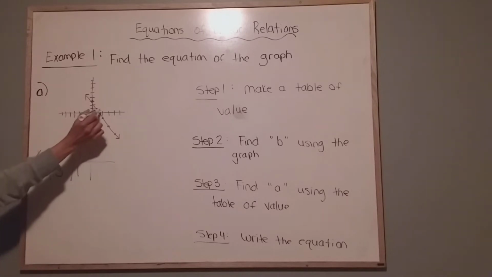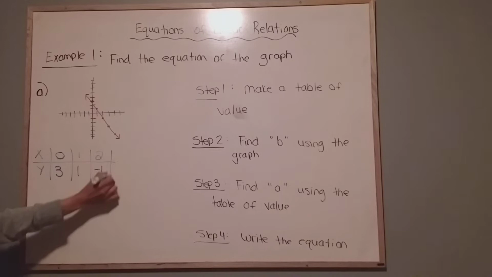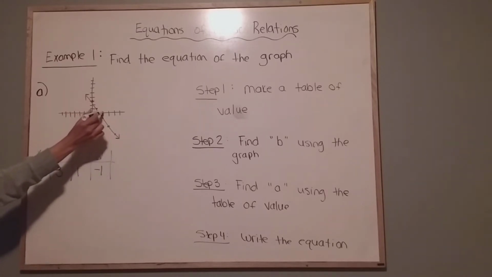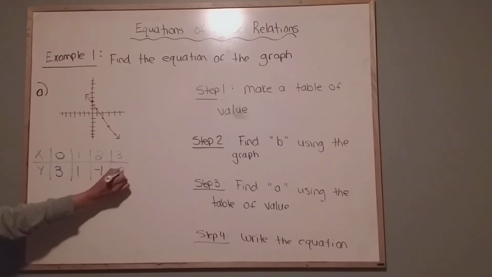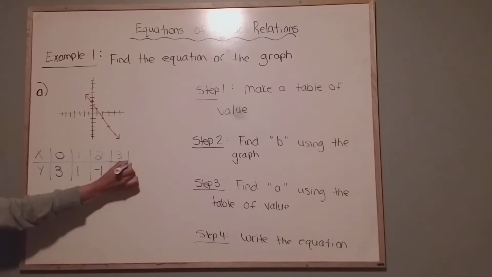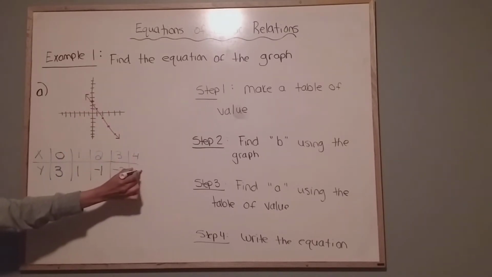When x is equal to 2, y is negative 1. When x is equal to 3, y is negative 3. When x is equal to 4, y is negative 5.